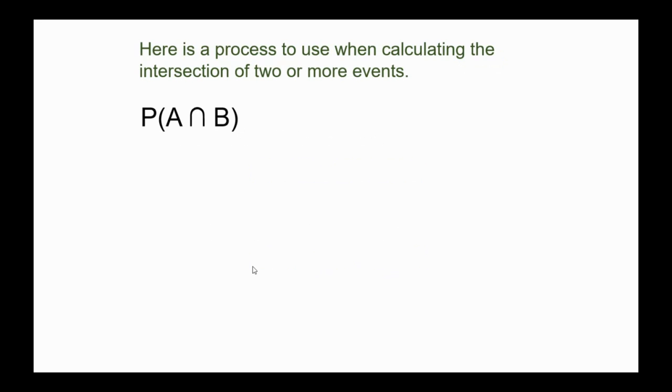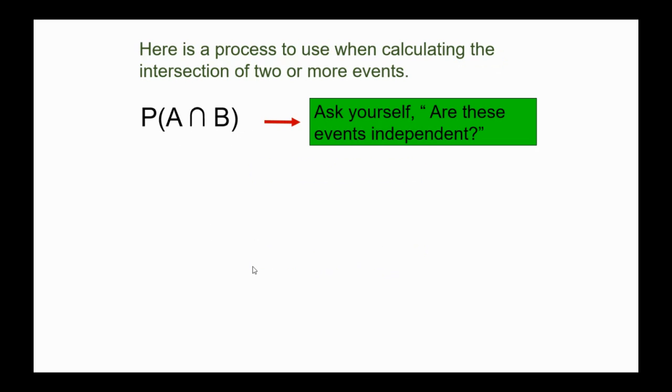Okay, let's look at the process to use when calculating the intersection of two or more events. So you have to ask yourself, are they independent? If you say yes, well then that's easy. Just multiply the probabilities.